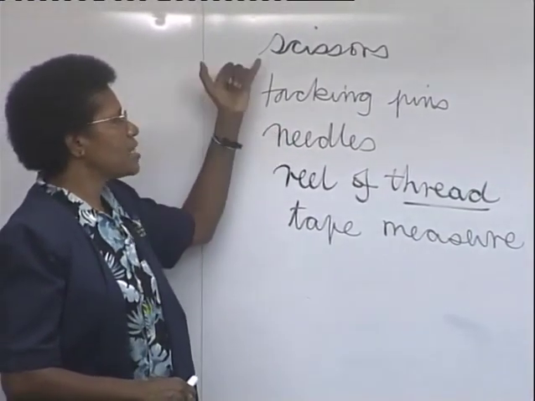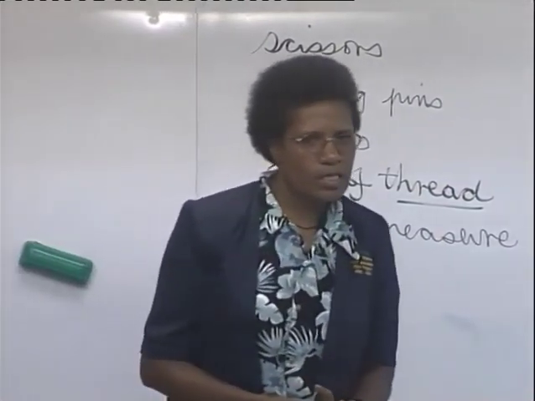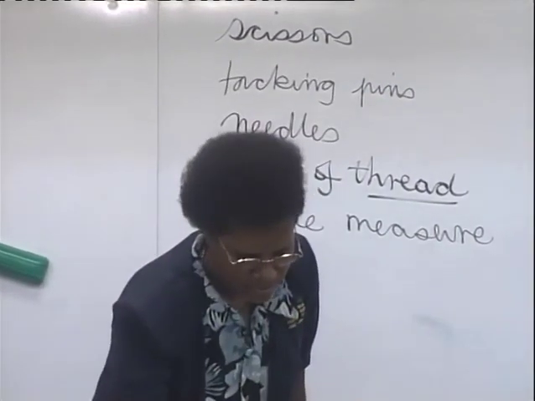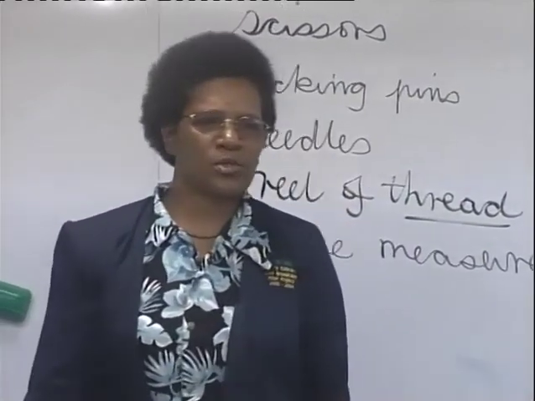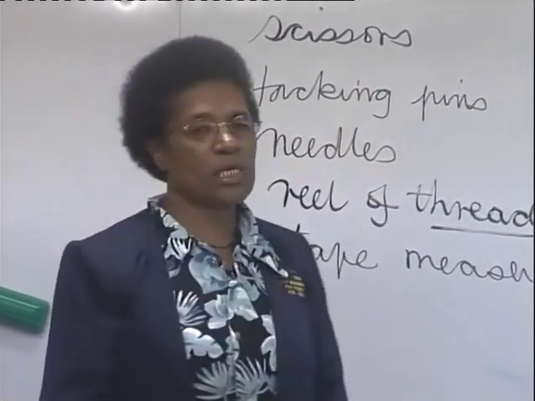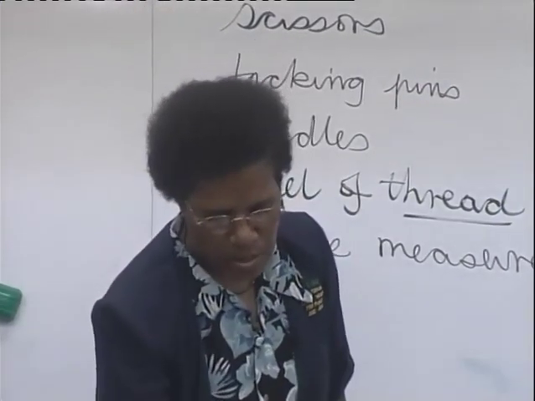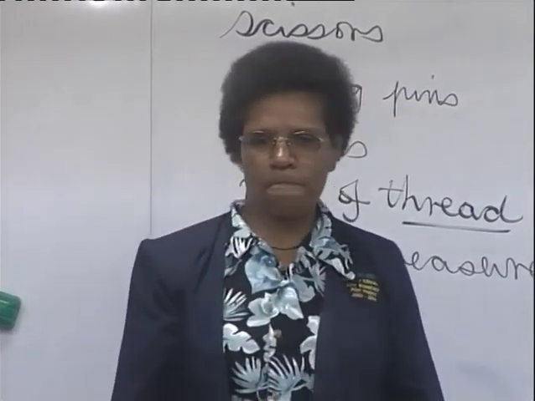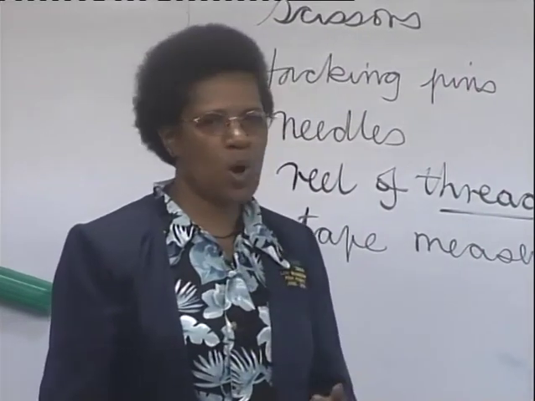Now let's see the scissors. We will all work together to do the first one, scissors. What is a pair of scissors used for? Cutting timber? No, we are not talking about the saw.